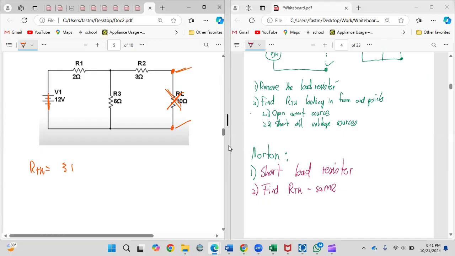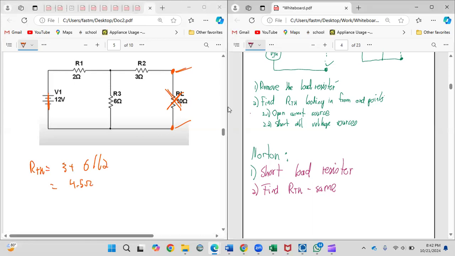So 3 plus 6 in parallel with 2. That'll be 6 multiplied by 2, product divided by the sum, and then plus 3. And I get 4.5 ohms. Right? So for R Thevenin, yes, you need to open circuit your circuit.